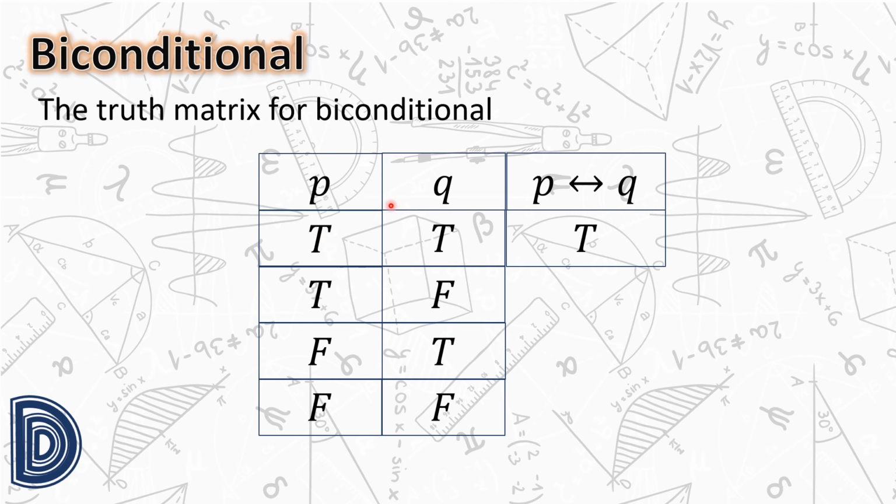P is true, Q is true. Biconditional is true. If P and Q have different truth values, then the biconditional statement will have a truth value false. Again, both P and Q are false in the last combination, therefore the biconditional is true.